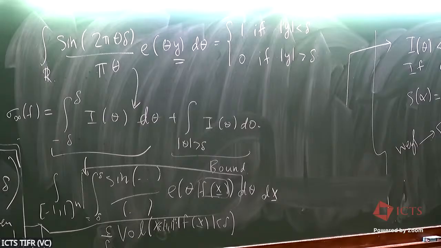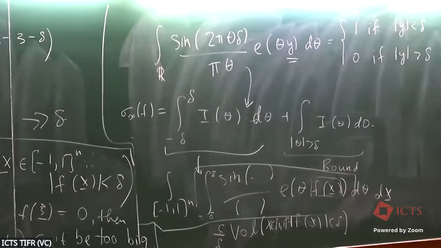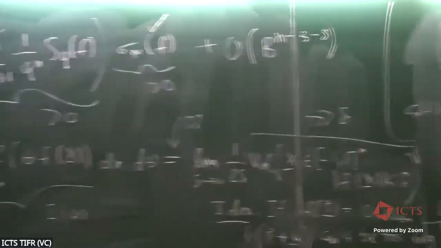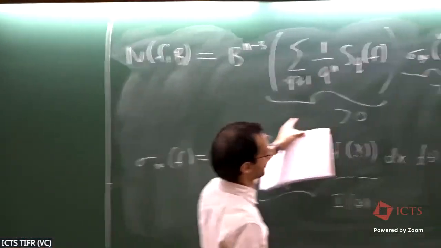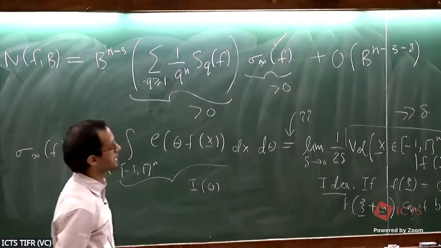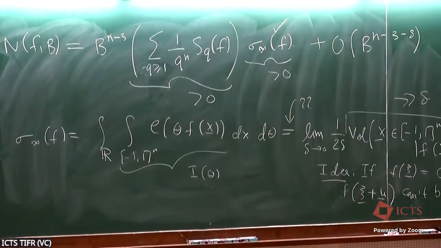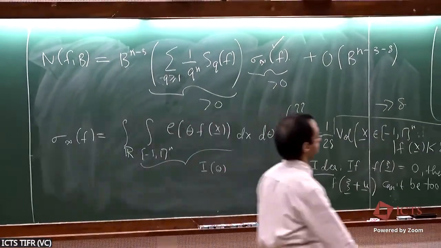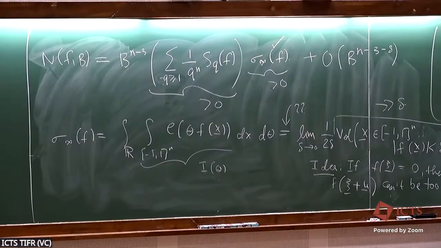Maybe just a quick comment about why this S_Q(F), this particular singular series, is also positive. The first thing is that S_Q(F) is multiplicative. Again, really not showing you the proofs, just giving comments about these things.